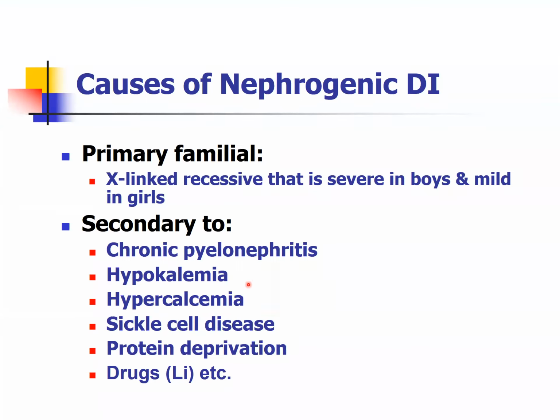Now, an interesting thing: how do we treat, for example, central diabetes insipidus? Very simple. Let's give ADH to the patient, and ADH itself resolves the problem. Now, how do we treat nephrogenic diabetes insipidus?